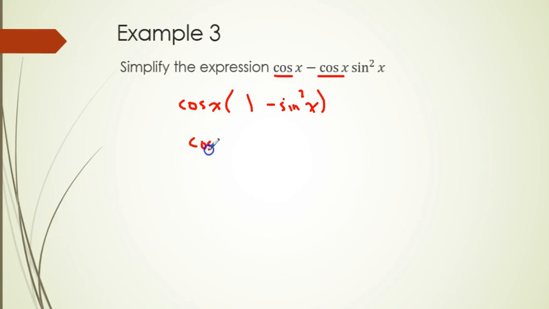I'm not doing anything to the cosine of x I have out front, but now that I have it in this form, I can redistribute, if you want to think of it that way, or just multiply these two terms together to call this cosine cubed of x. Again, multiplying the trig functions is the same as multiplying something like x times x squared, which equals x cubed. So it's the same procedure for that.